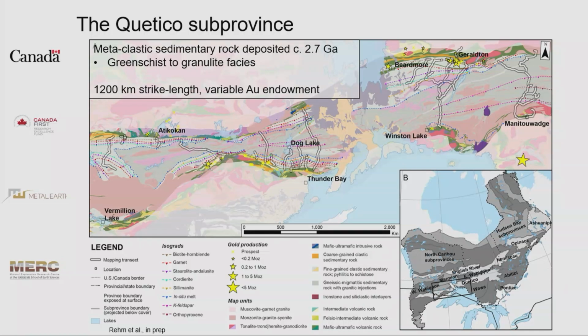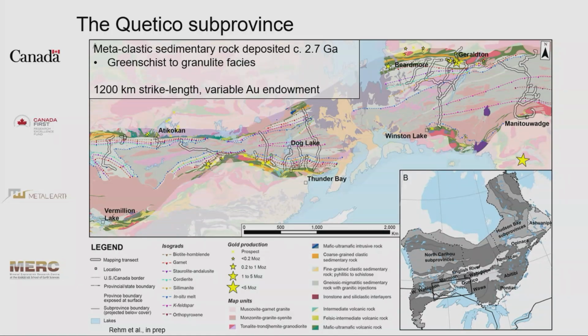It's a symmetrical distribution, so on both sides you get these greenschist facies rocks. So it's a lot of area to play with, a lot of things to look at, and there's variable gold endowment along the Quetico because it's such a long belt.